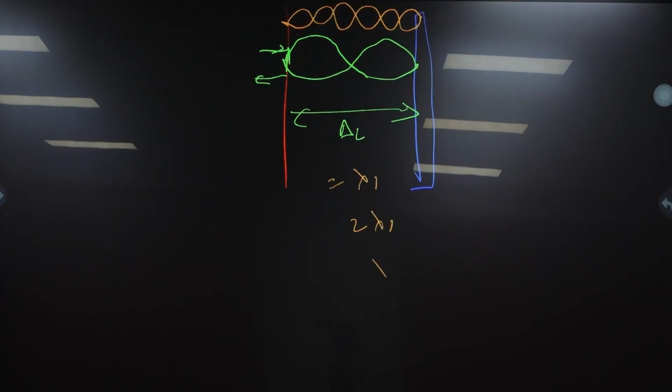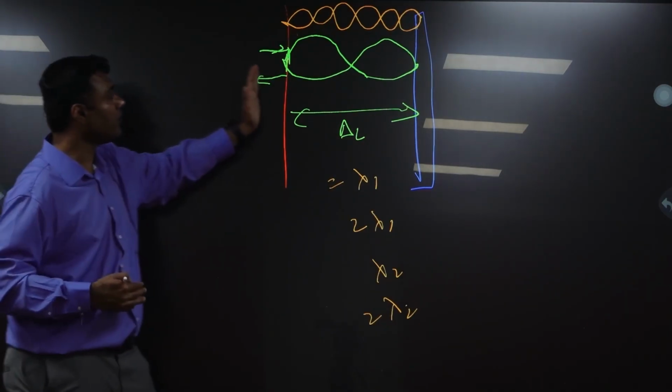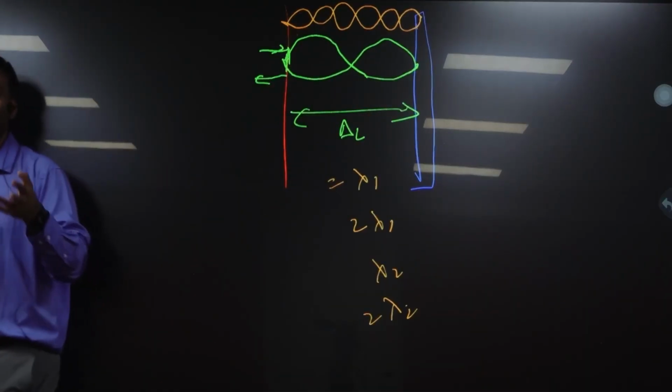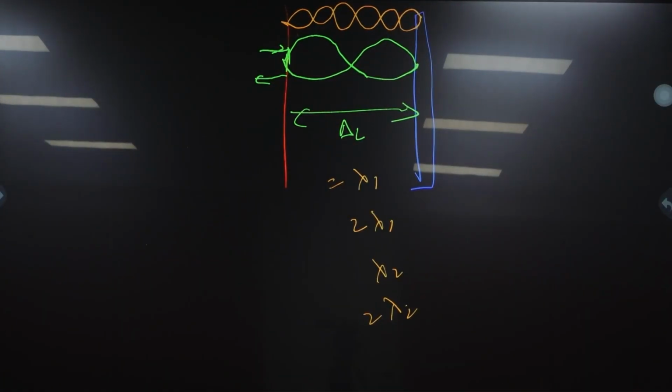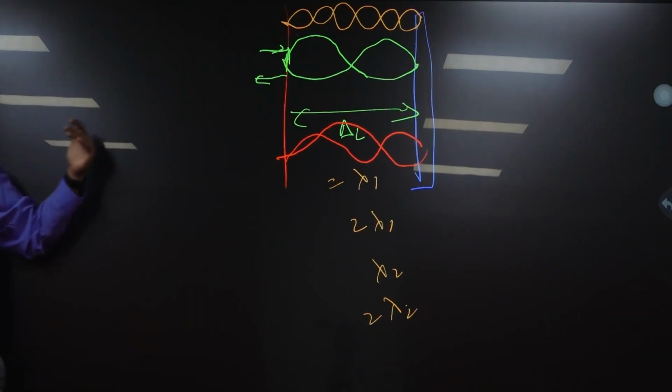For a different wavelength lambda 2, if it's lambda 2 or 2 lambda 2 and so on, it will be constructive interference. For some wavelengths it will be constructive interference, for other wavelengths destructive interference. For example, for a third one, the wave goes like this, hits, and comes back like this, and this may be destructively interfering.